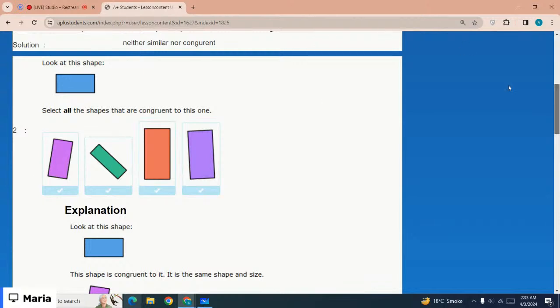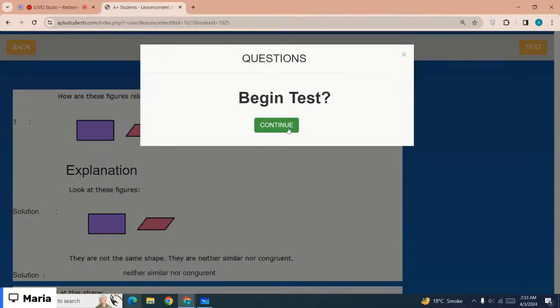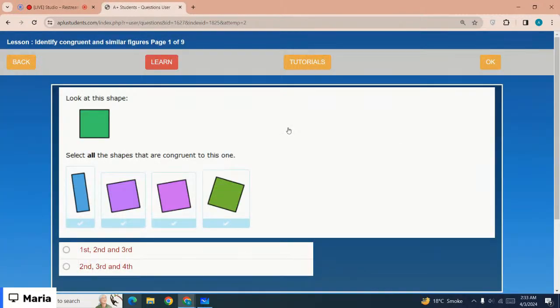Let's just start with the test questions. Look at this shape. Select all the shapes that are congruent to this one. So which is the correct option? Which of them are congruent to the square?